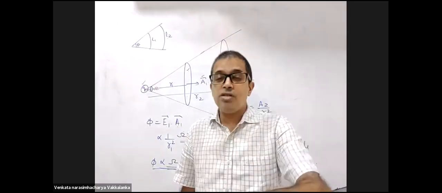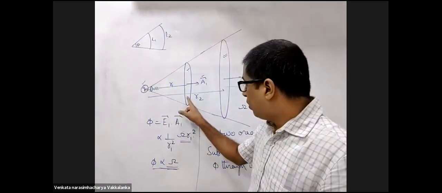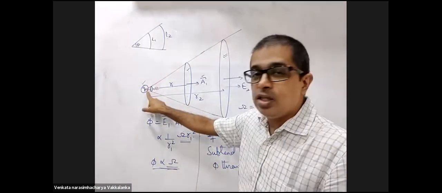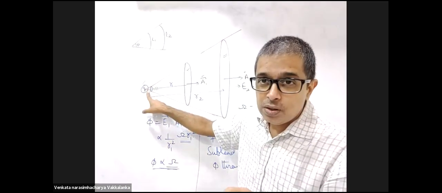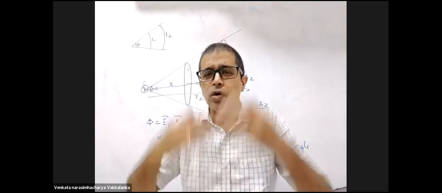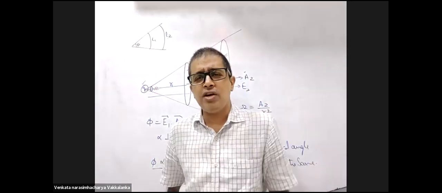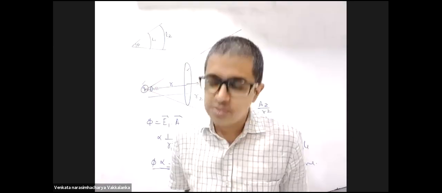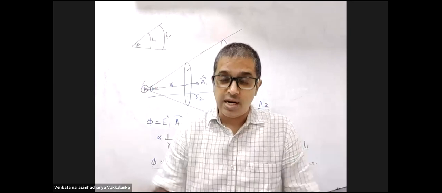This is the origin of Gauss law. Closed surfaces all throughout have the same solid angle of 4 pi, so any closed surface flux will be the same. That is where Gauss law starts.